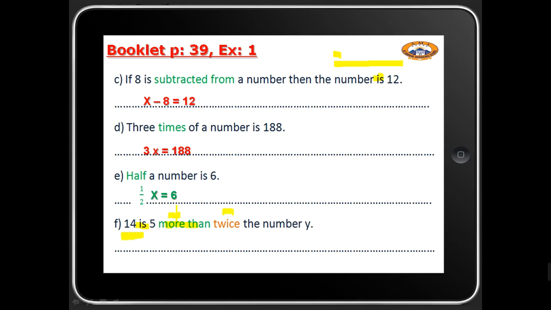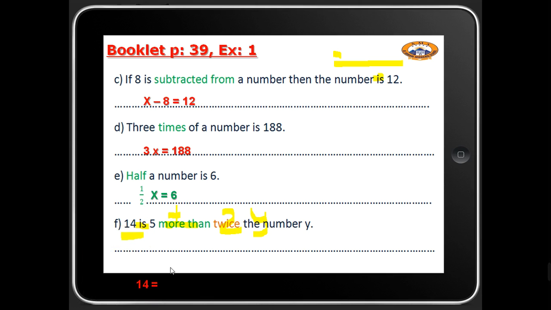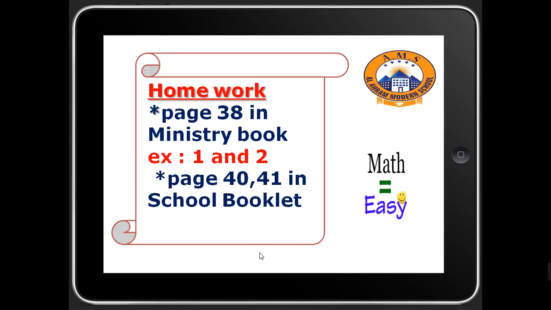Twice. We're going to change twice into 2 times the number y. So we translate this equation and it became so easy and so clear. 14 equal 5 plus 2y.